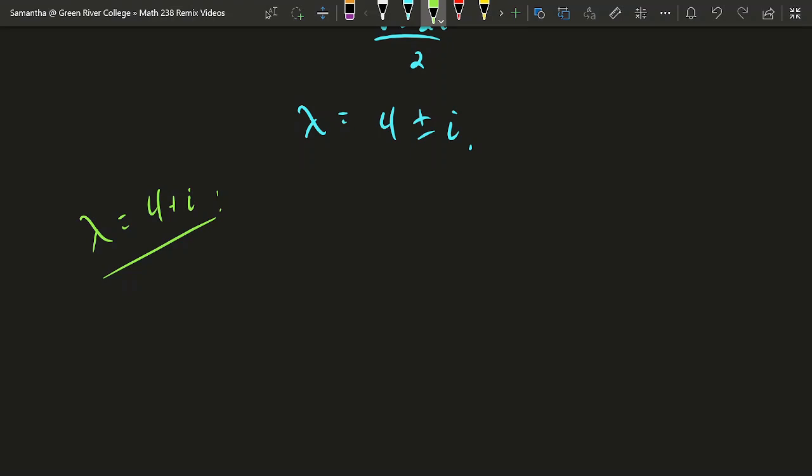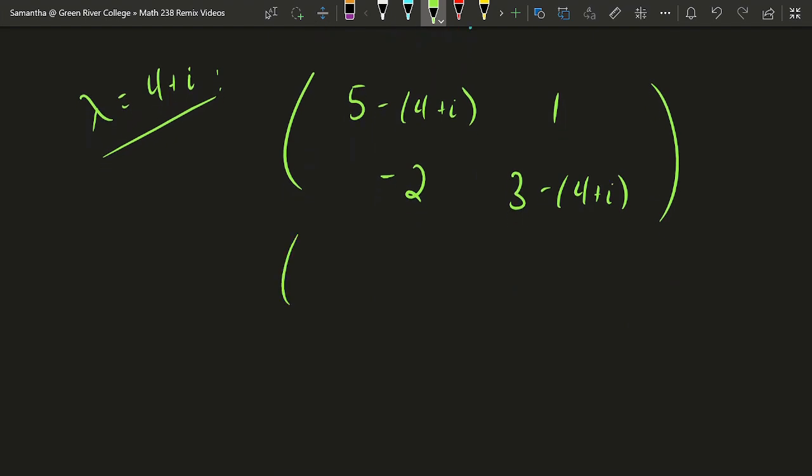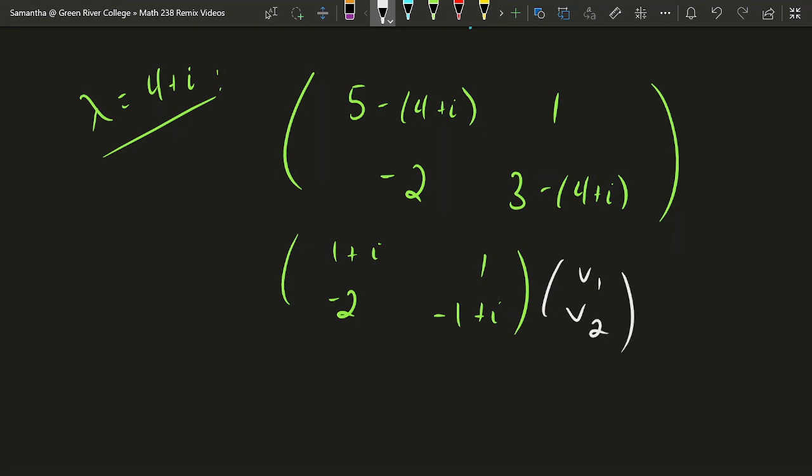Next, I'm going to work on finding the eigenvector corresponding to this eigenvalue. So from the matrix, I'm going to subtract 5 minus this eigenvalue, and then 1, negative 2, and then it was 3 minus this eigenvalue, which becomes 1 minus i, 1, negative 2, and negative 1 minus i. And I seek a vector which, when multiplied by this matrix, gives 0, 0.